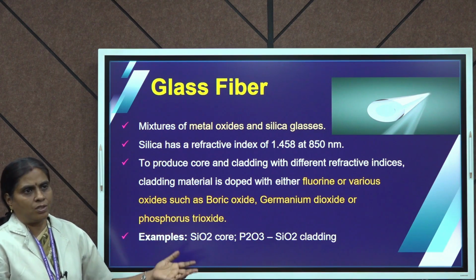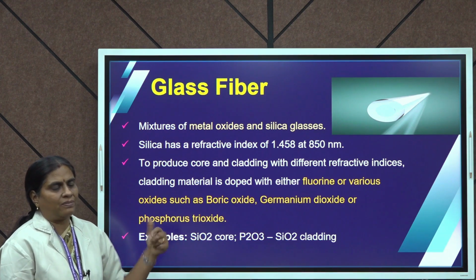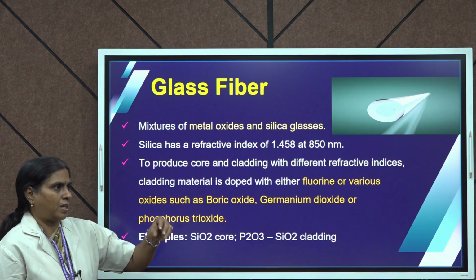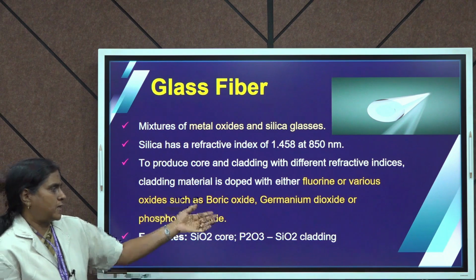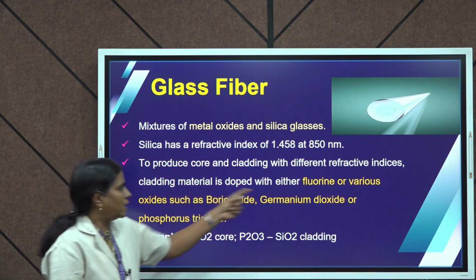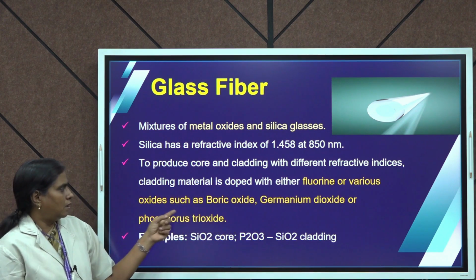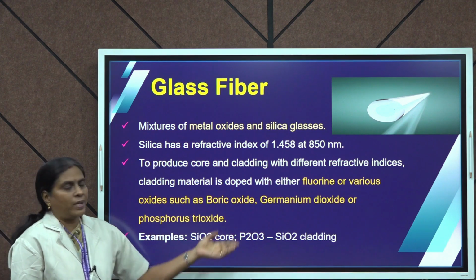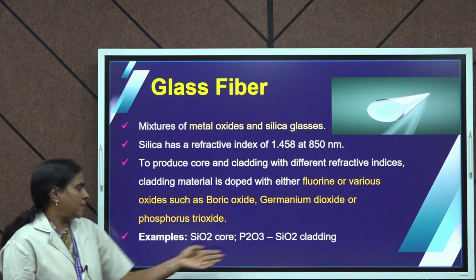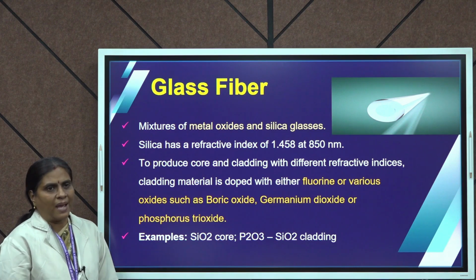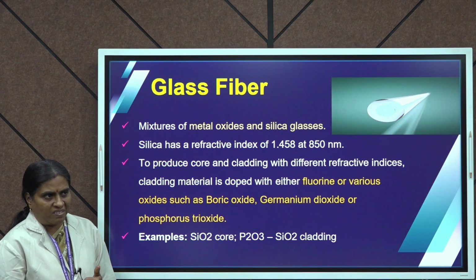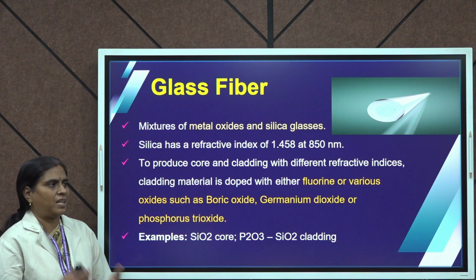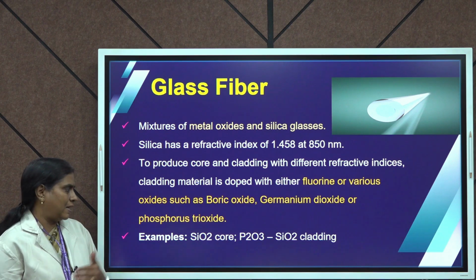To vary the refractive index, some impurities are added, or doped, with the silicon dioxide. Dopant materials such as boric oxide, germanium dioxide or phosphorus dioxide can be added to decrease the refractive index of the cladding. So now the refractive index of the core is greater and the refractive index of the cladding is less.